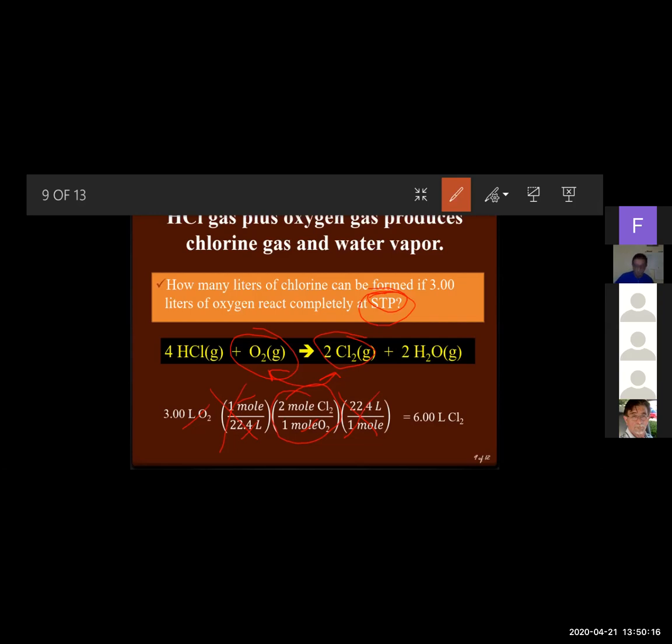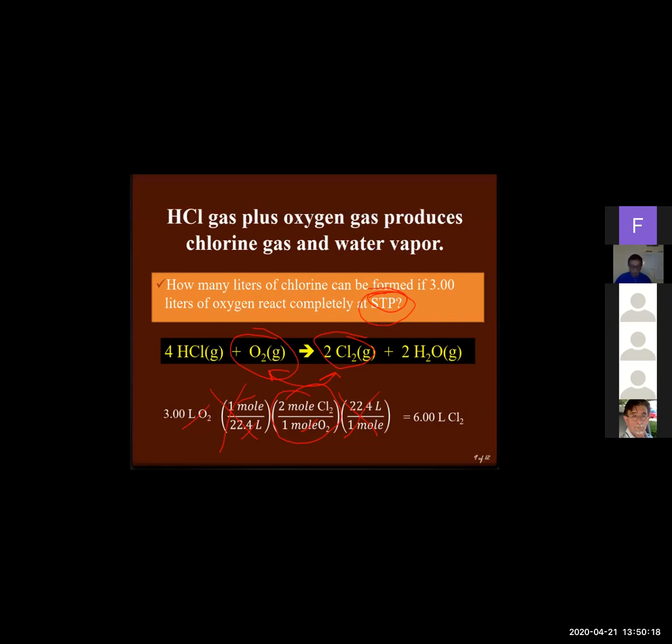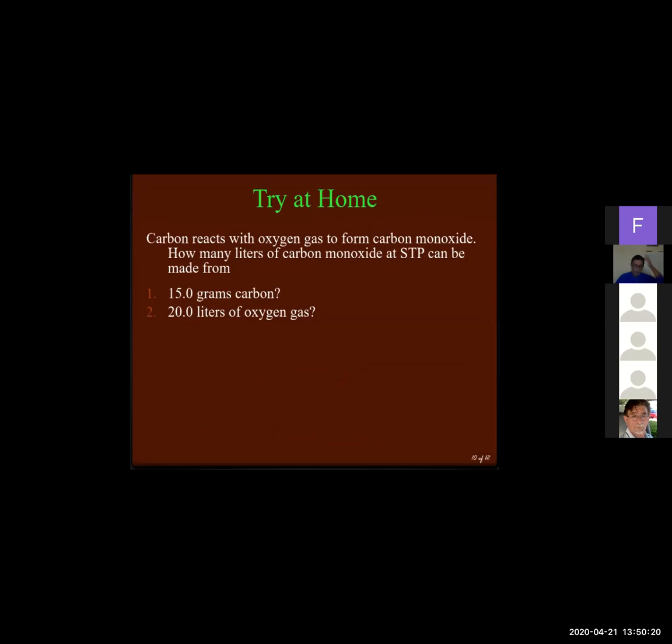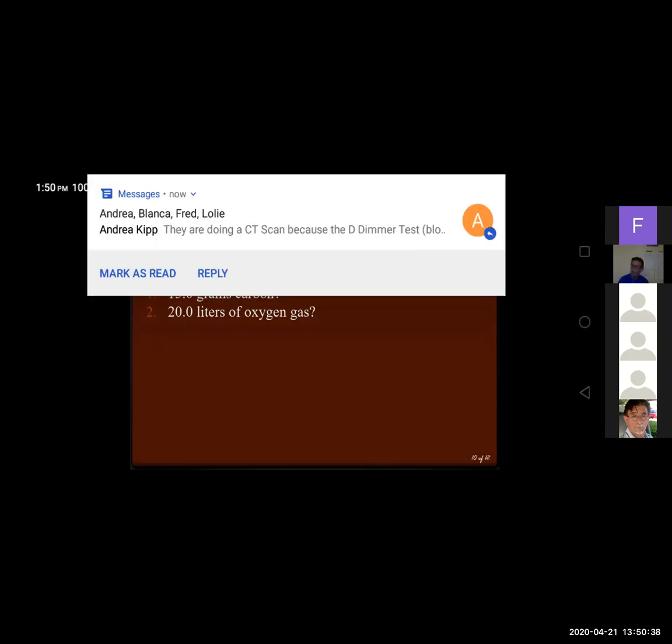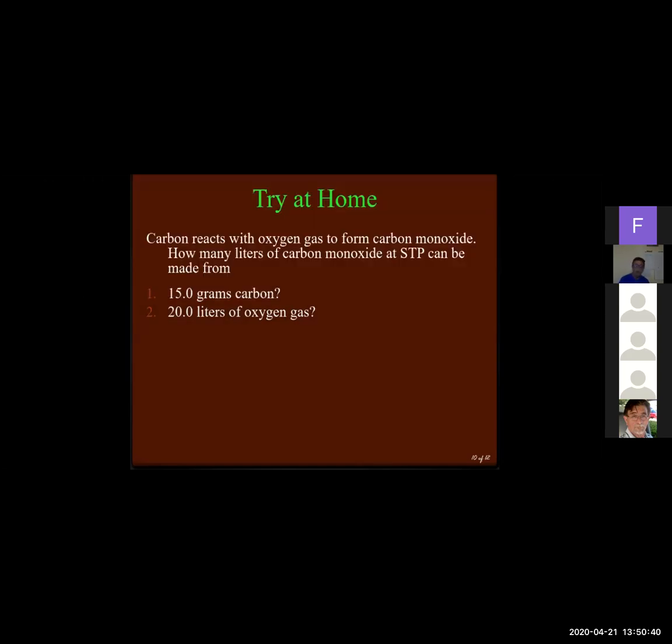This is a relatively short chapter, so it won't take long. I want you to try these at home. The problem says if carbon reacts with oxygen to form carbon monoxide, how many liters of carbon monoxide at STP can be made from 15 grams of carbon and 20 liters of oxygen gas.